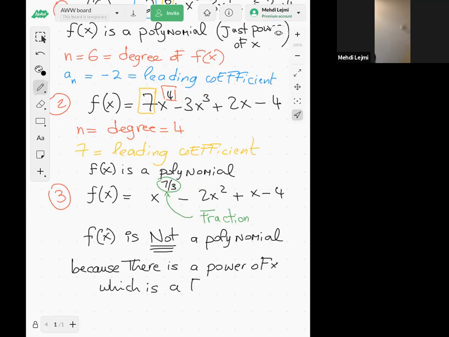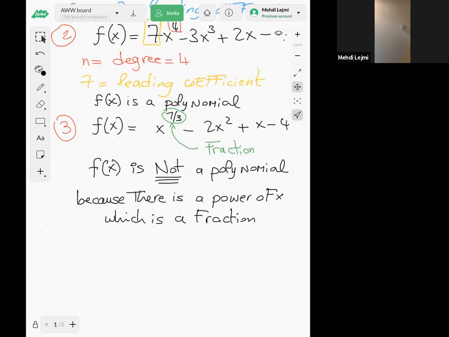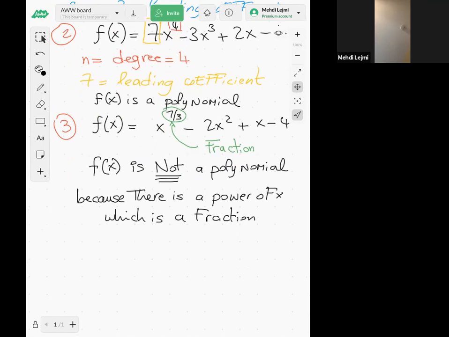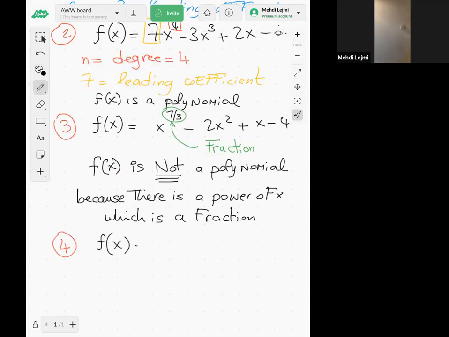So the powers of x, all of them, must be whole numbers. Another example which is not a polynomial: if you have a power which is negative. Powers of x must be positive. All right, so example 4. Let's say f of x is equal to minus 4x to the power 5 minus x to the negative 3 plus x minus 1.